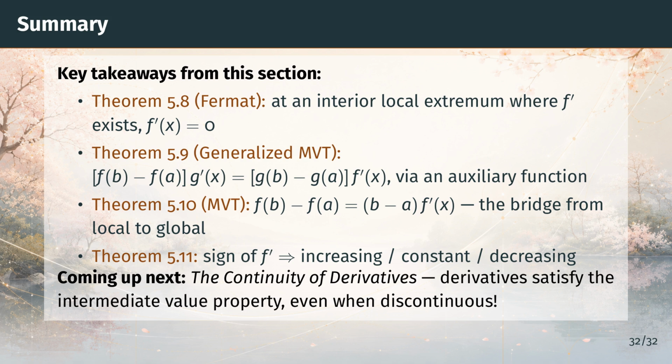Finally, Theorem 5.11. The sign of the derivative controls monotonicity. Non-negative derivative means increasing. Identically zero means constant. Non-positive means decreasing. And all three conclusions fell out of one application of the mean value theorem.